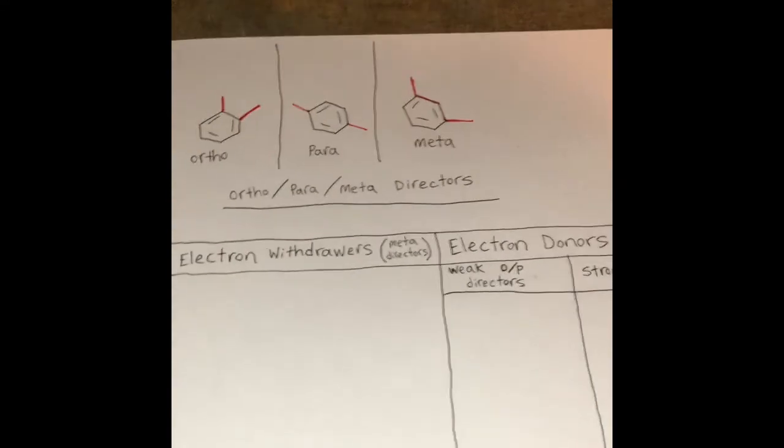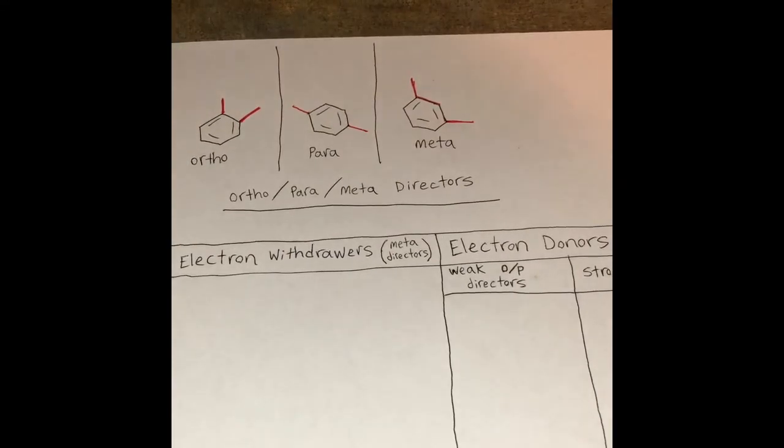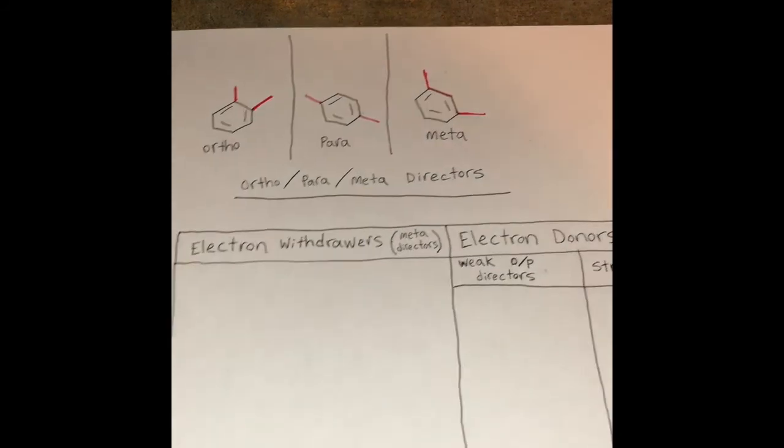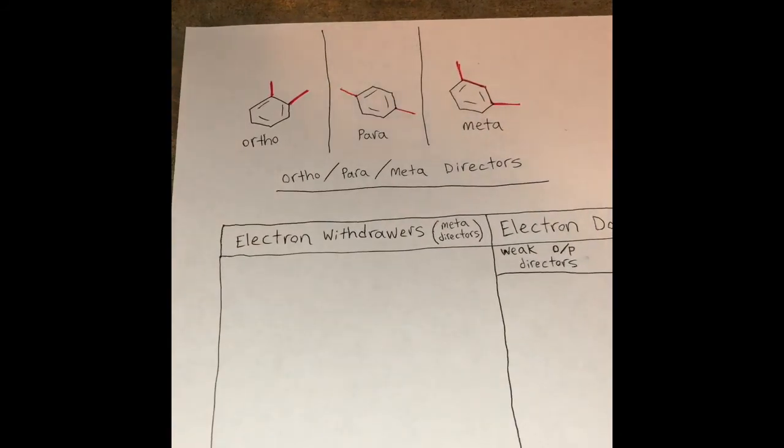So now let's add in some directing groups to this table. So first we'll start with electron withdrawing groups.